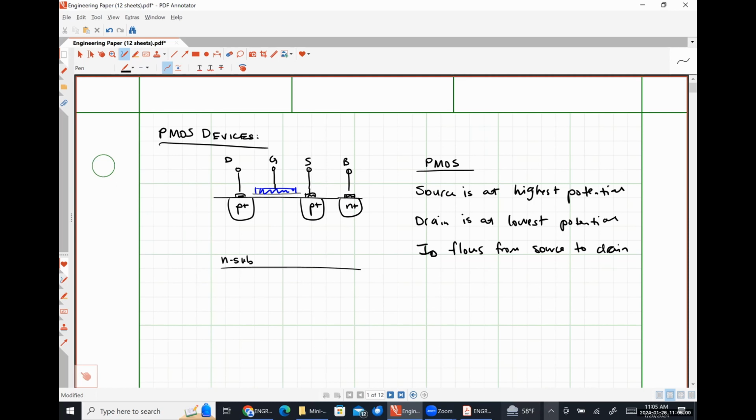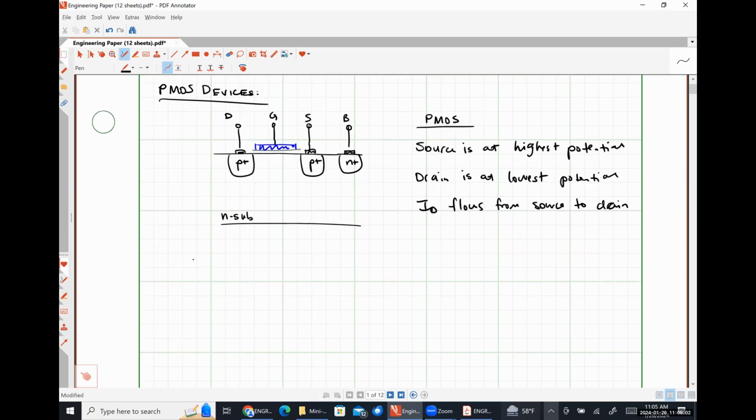So we can define our cutoff region to be whenever our source gate voltage, VSG, is less than or equal to the absolute value of our threshold voltage for our PMOS device, which is what VTHP stands for.